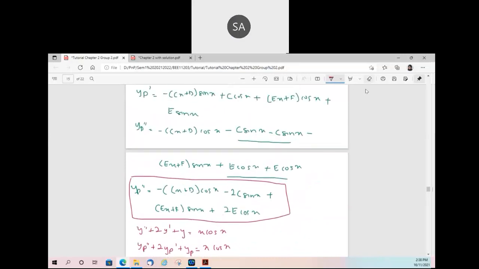But I wrote it wrongly, and you all did not correct me. In yp double prime it is minus (cx plus d) cos x, minus 2c sin x, and minus (ex plus f) sin x.